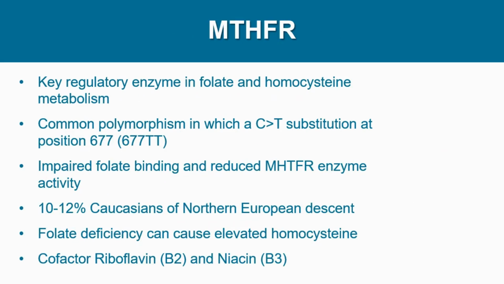MTHFR is a regulating enzyme in folate and homocysteine metabolism, and the most common polymorphism we see is a C to T substitution in the 677 position, so C677T, and there is impaired folate binding and reduced MTHFR activity. It's common in 10 to 12% of Caucasians of Northern European descent, and folate deficiency can cause elevated homocysteine, and the cofactors for this enzyme are riboflavin and niacin.